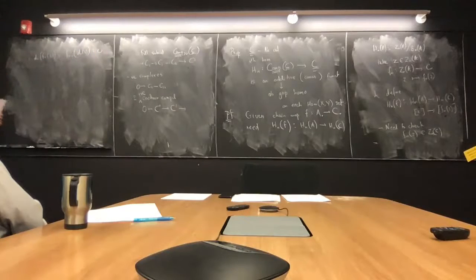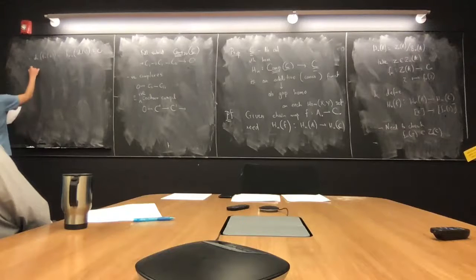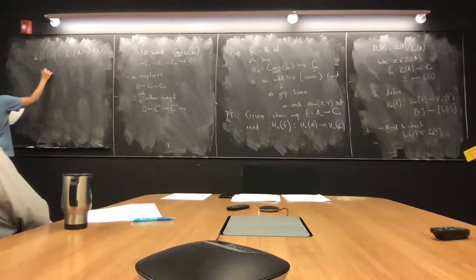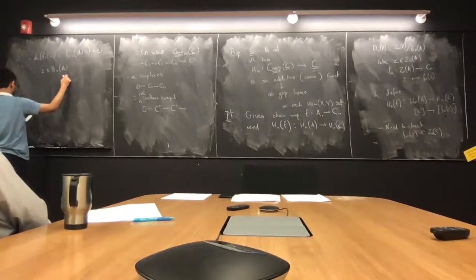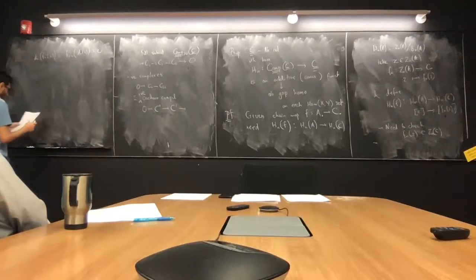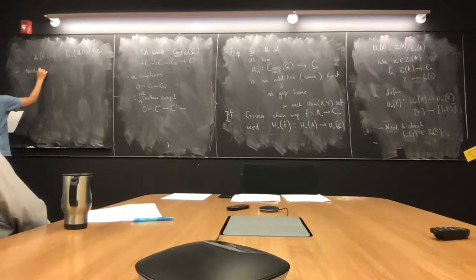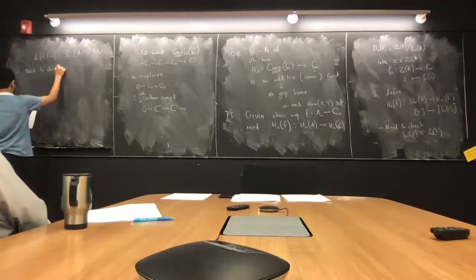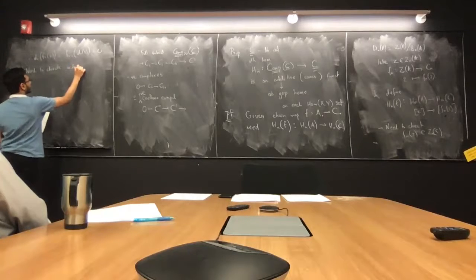So Fn(Z) is in Zn(C). Furthermore, we also need to check independence of the choice of representative.